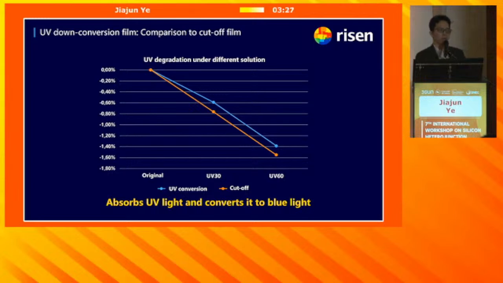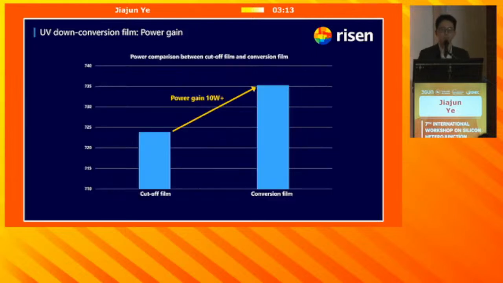The film we are using may last 15 to 20 years, but after that, this UV down-conversion film will work as a UV cut-off film, no longer as a conversion film. By introducing it, we also improve efficiency by around 10 watts for our biggest modules, 10 to 15 watts.